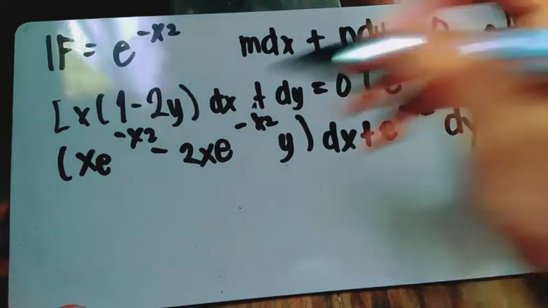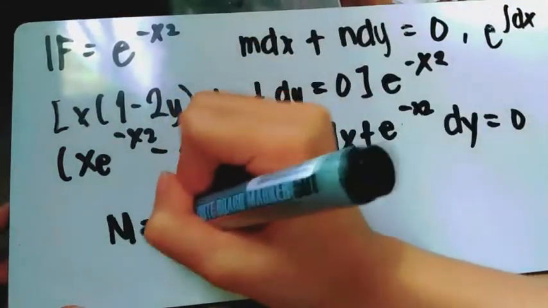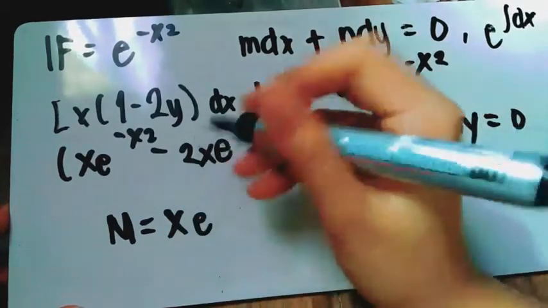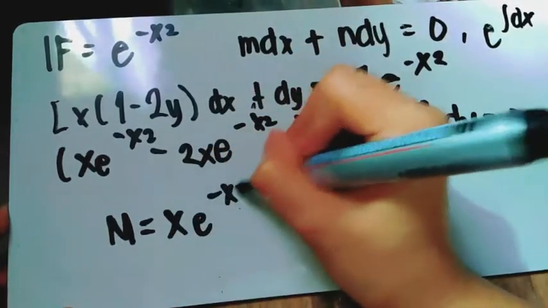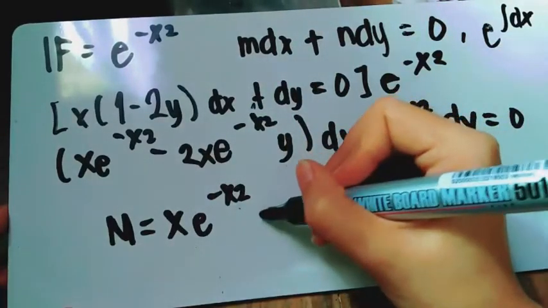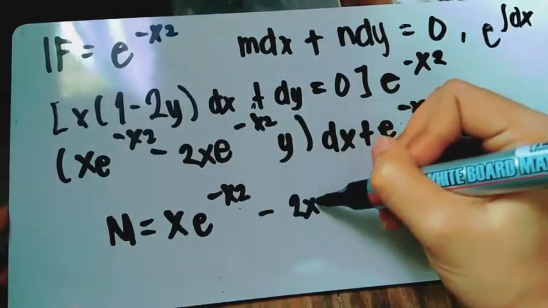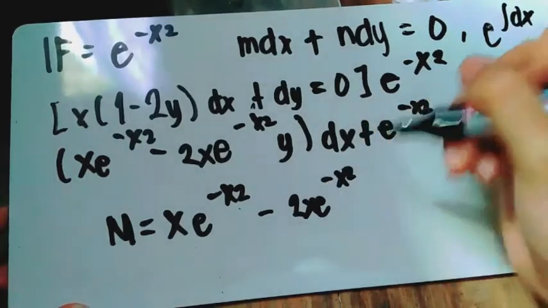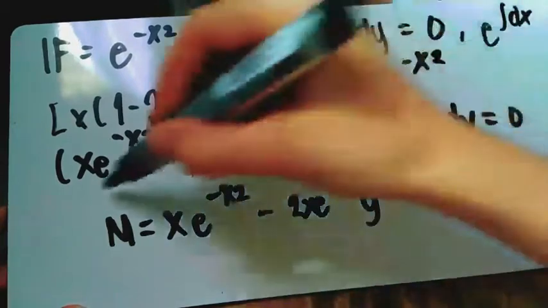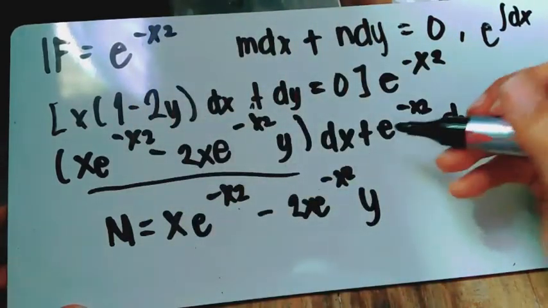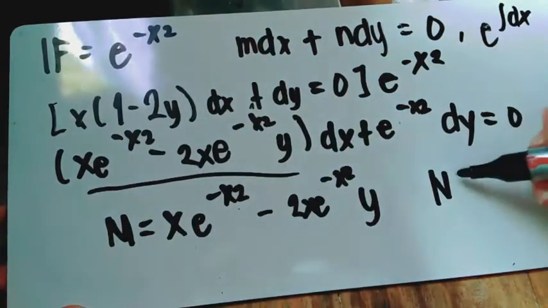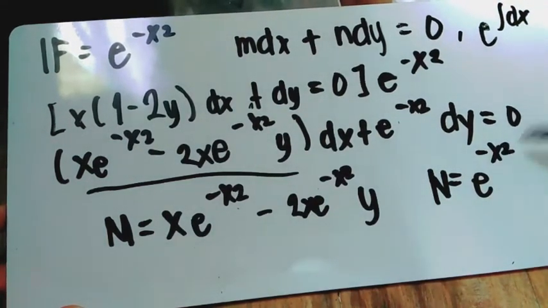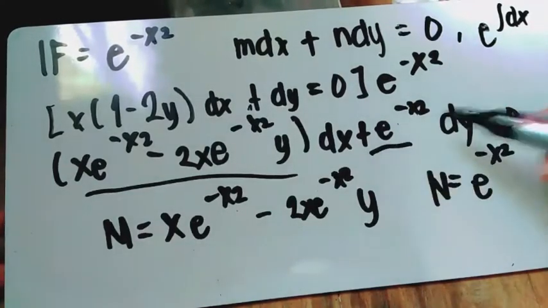After solving, meron na tayong bagong m, which is yung x e raised to negative x squared minus 2x e raised to x squared y, and our new n na e raised to negative x squared, which is ito.